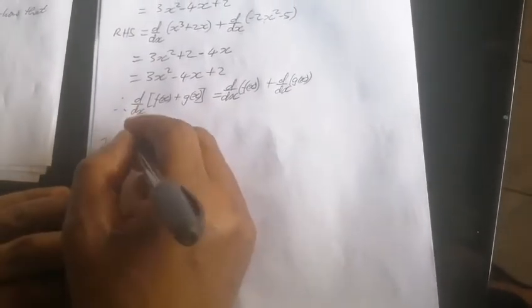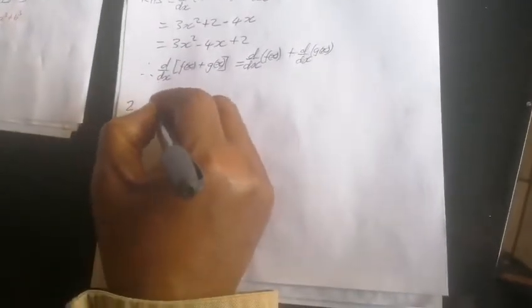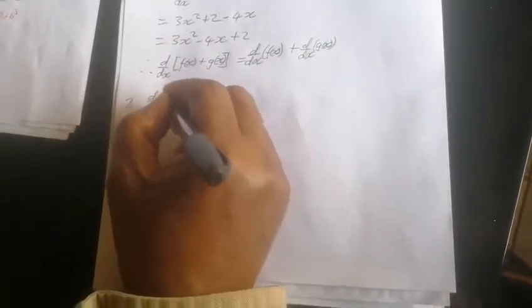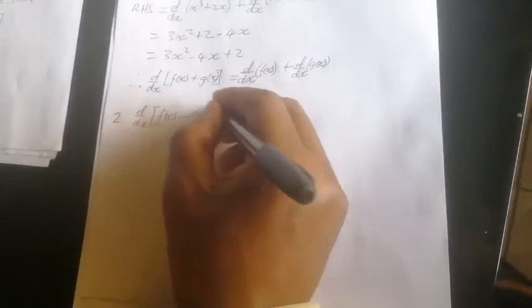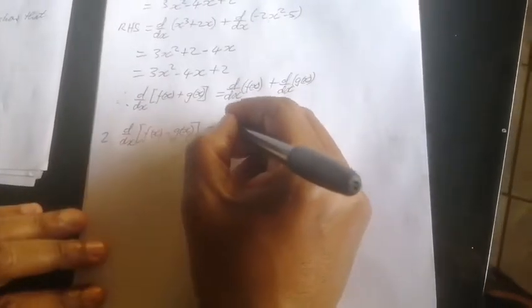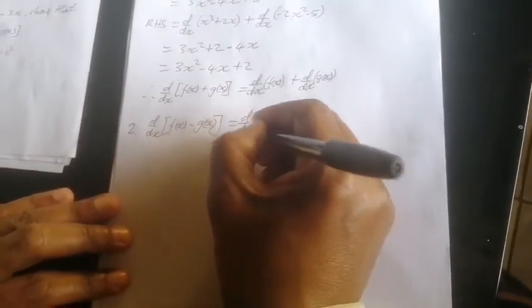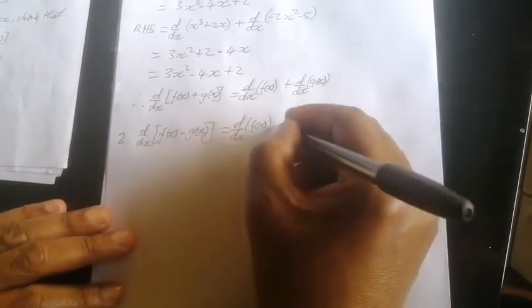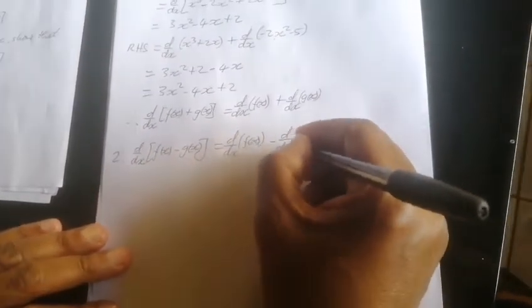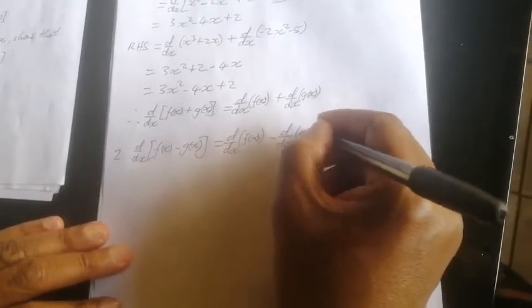Yes, we are now showing that d dx of f of x minus g of x is exactly the same as d dx of f of x minus d dx of g of x. We used a plus, now we are using a minus.